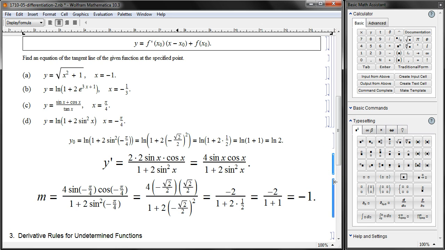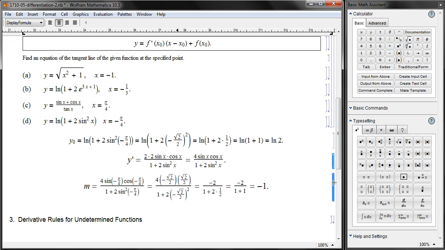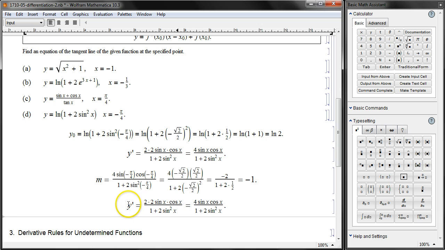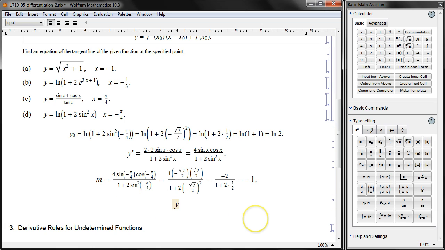I think the font is too big. Let me decrease it just a little bit. Yeah, okay. Slope is negative 1, and consequently we get the slope point equation of the line as y equals m, which is negative 1, x plus pi over 4, excuse me, plus log of 2.